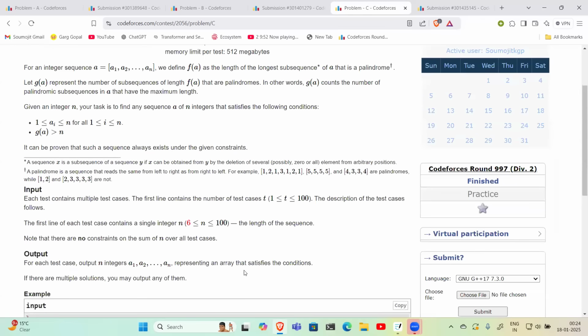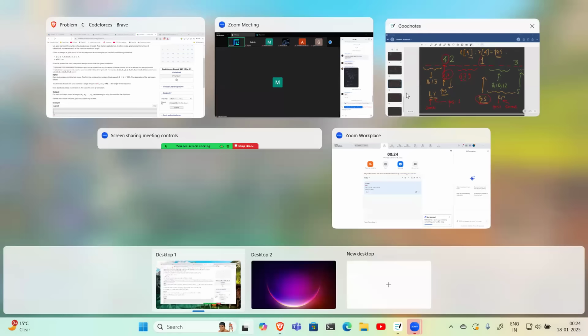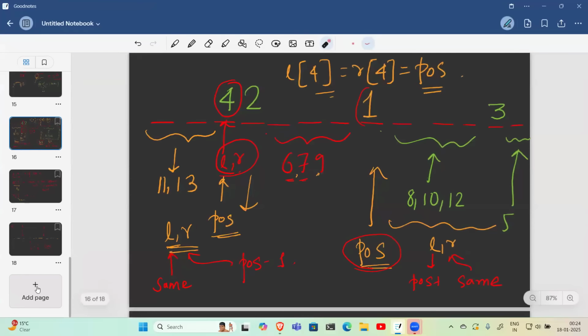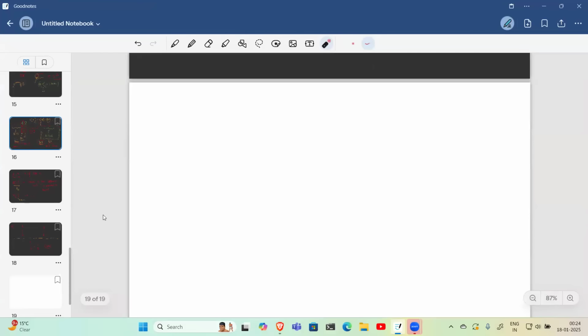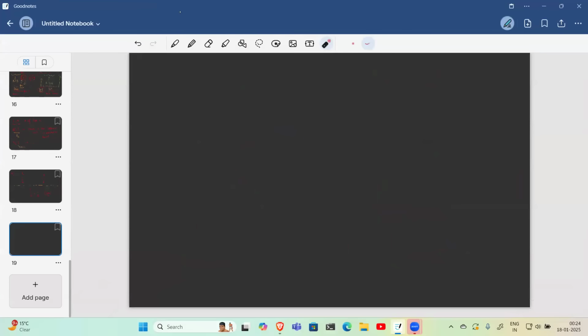That is given. Okay, so let me explain the problem statement first. The question is simple. The input is simply an integer. They will give n as input, nothing else. And they first define two functions.